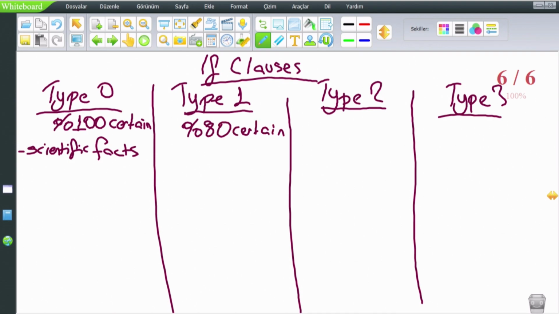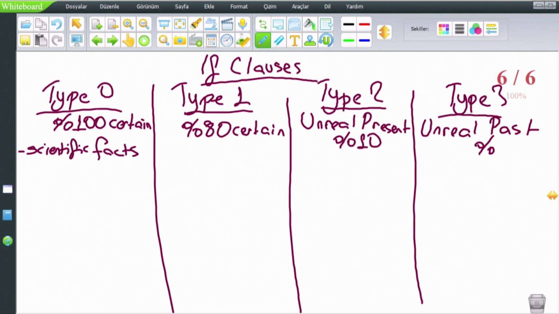In type 2, we also call it unreal present. So we can call it like 10%, it's almost impossible. And in type 3, we call it unreal past, which is impossible from now on to change.